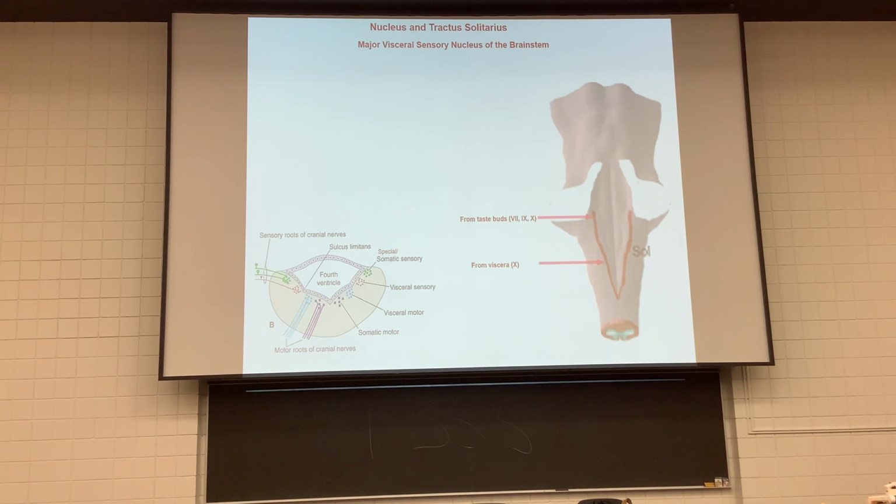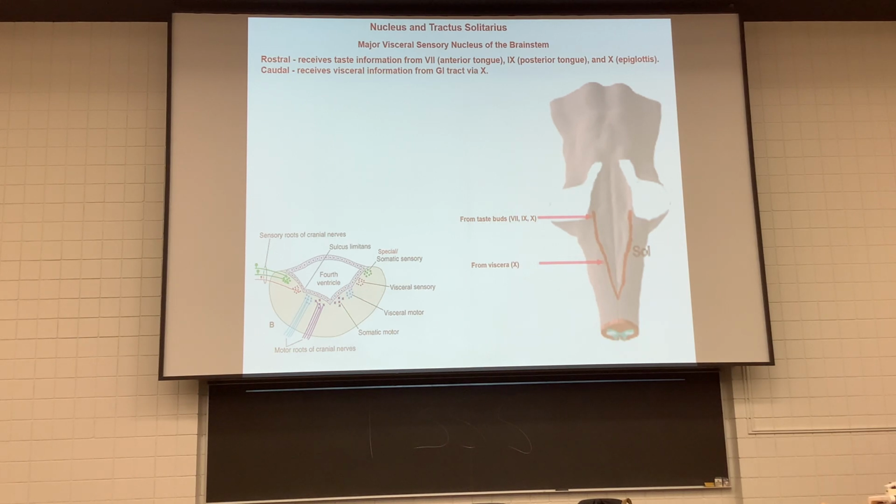What do I want you to put in this? The rostral part, that's where information from your taste buds terminates. So cranial nerve 7, cranial nerve 9, cranial nerve 10, carrying taste from either anterior tongue, posterior tongue, or epiglottis. That information comes in with those nerves.